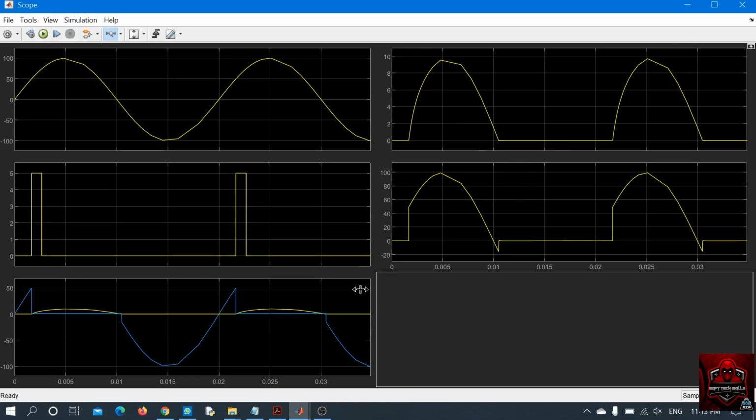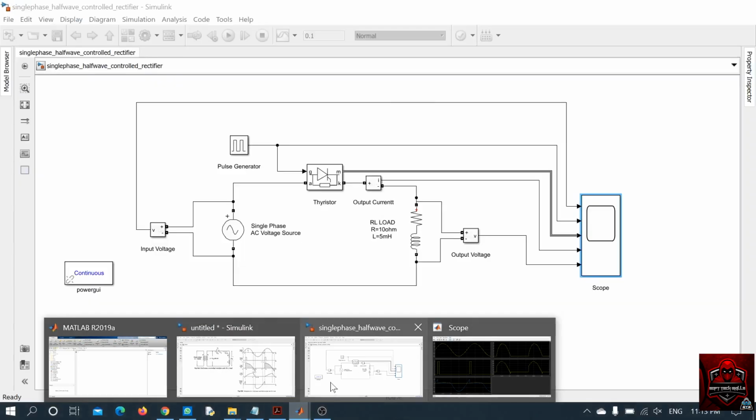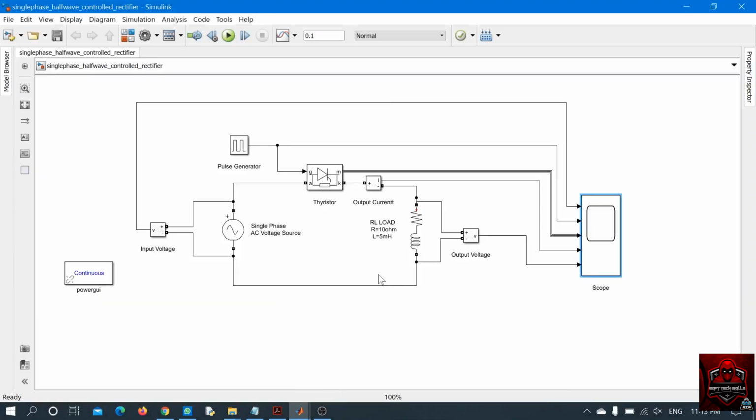Let's see that. Go back to our circuit. Here I am searching for a diode.